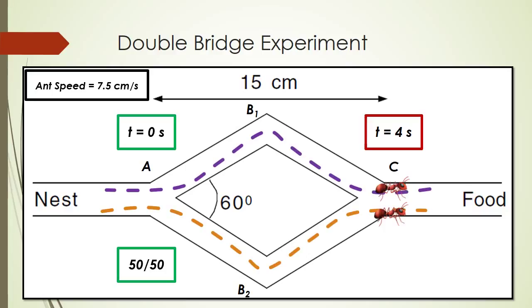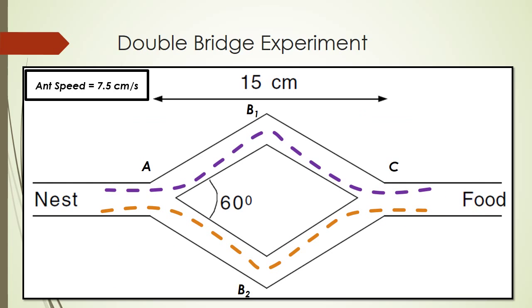And over the entire trail so far, they'll have been depositing trail pheromone. They've reached the food source. They can head back towards the nest with their food.